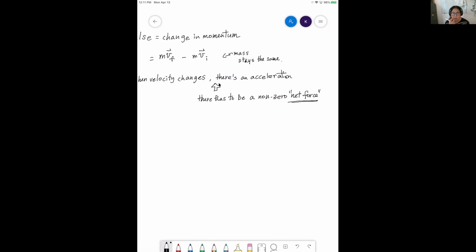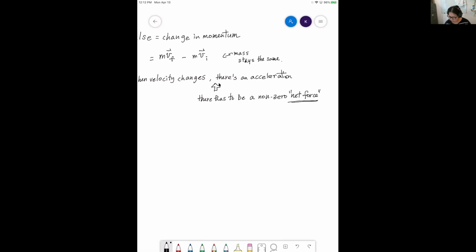And how long this net force is applied gives a different result. How long in time? You could be pushing with 10 newtons for 1 second compared to pushing 10 newtons for a minute. If you have 10 newtons pushing for a minute, you're going to have a bigger change in momentum, a bigger impulse. So you see that how long this net force is applied matters in changing momentum or having an impulse.